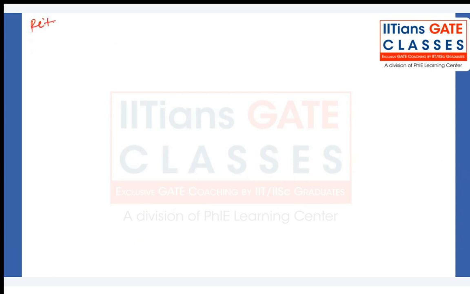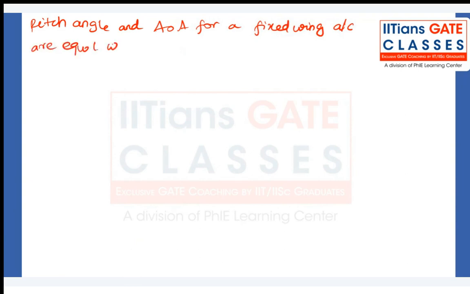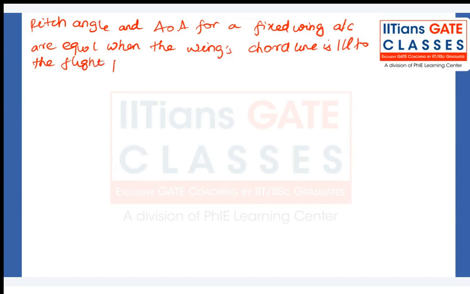So just write: pitch angle and angle of attack for a fixed wing aircraft are equal when the wing's chord line is parallel to the flight path, which is the level constant altitude flight.